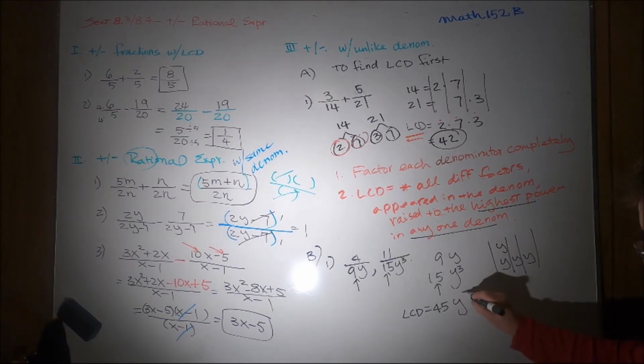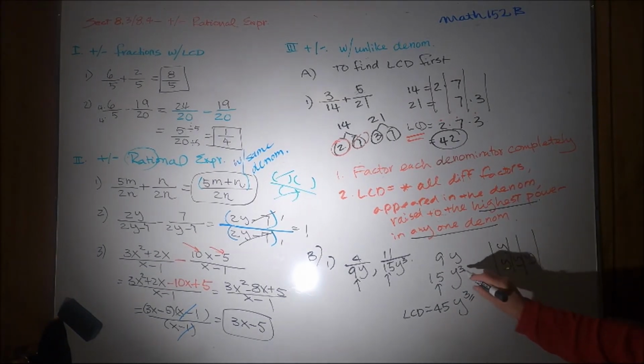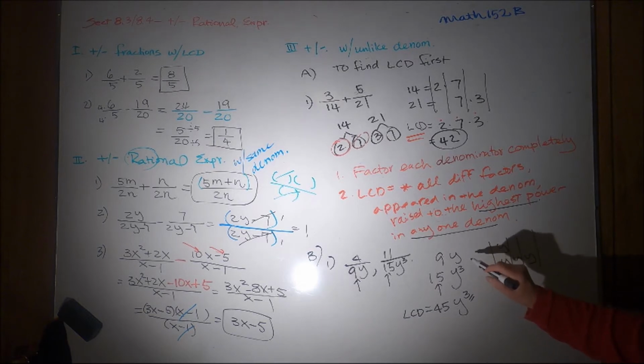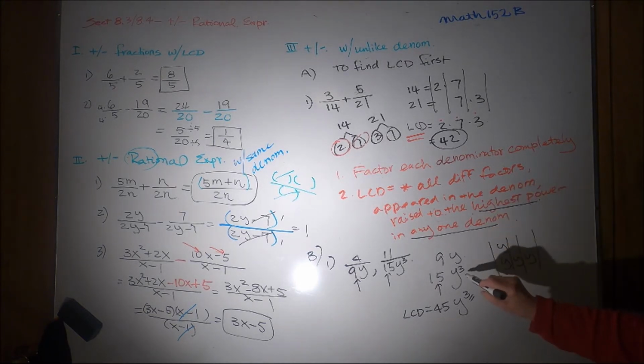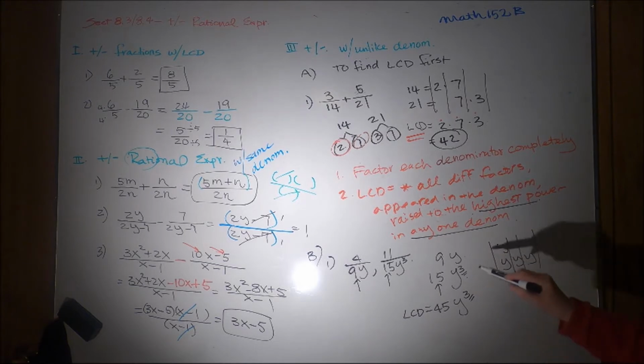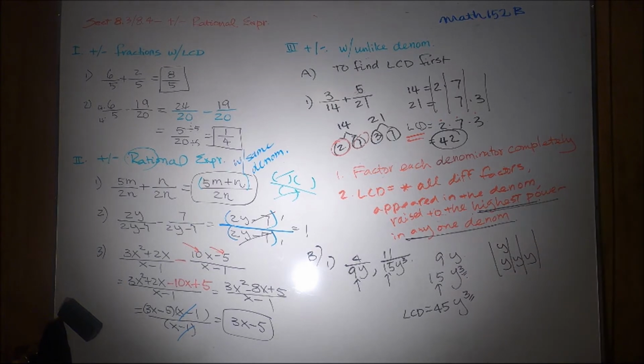So that will be y cubed. y cubed is the higher power between y and y cubed. We need to choose the higher one, so both can go into it, right? So you choose the highest power in any one denominator. That's what it's talking about, right?